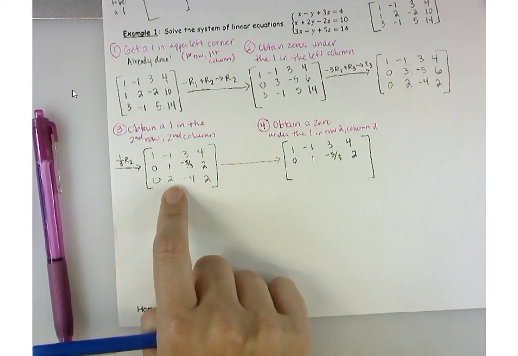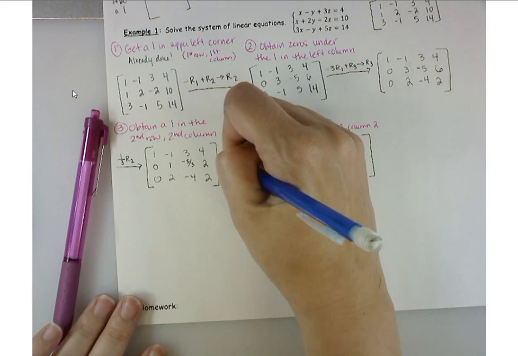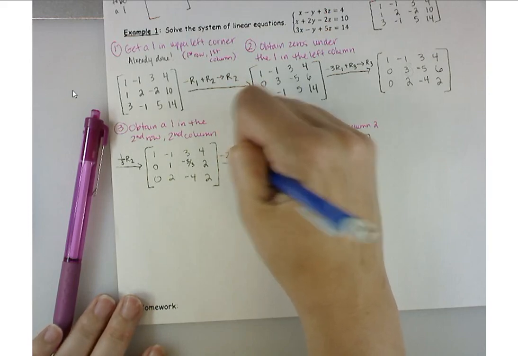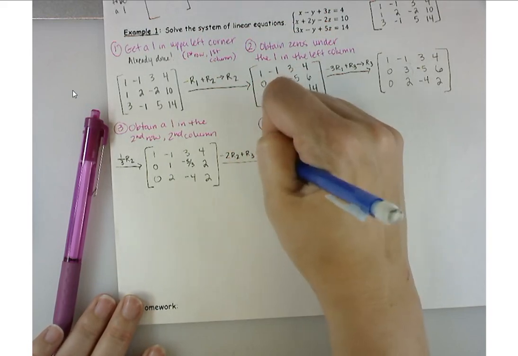You said? You can multiply the second row by -2 and then add it to row 3. Good. So multiply the second row by -2. Add that result to row 3, and then put the result in row 3.